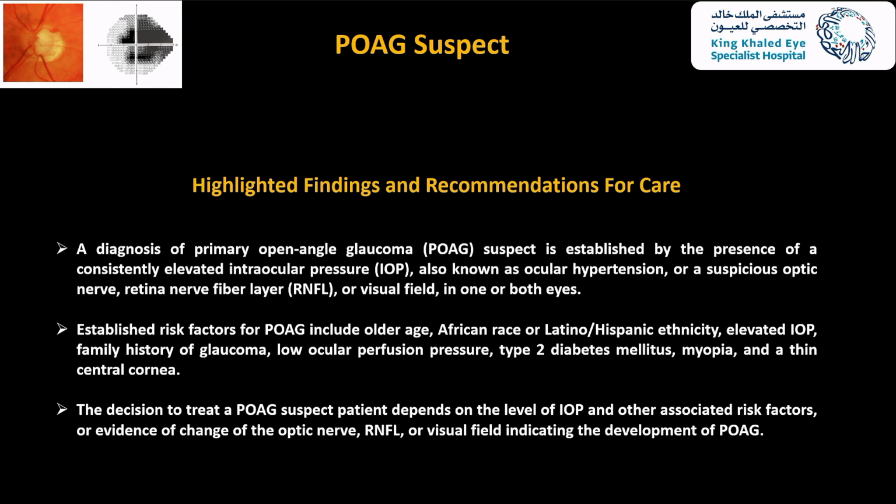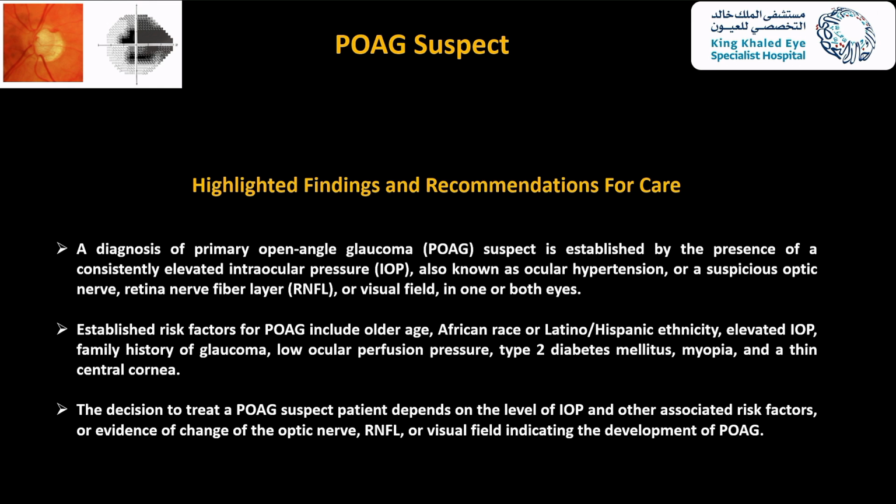As we said, the suspect is established by the presence of high intraocular pressure, or change in the optic nerve, retinal nerve fiber layer, and/or visual field, in one or both eyes.